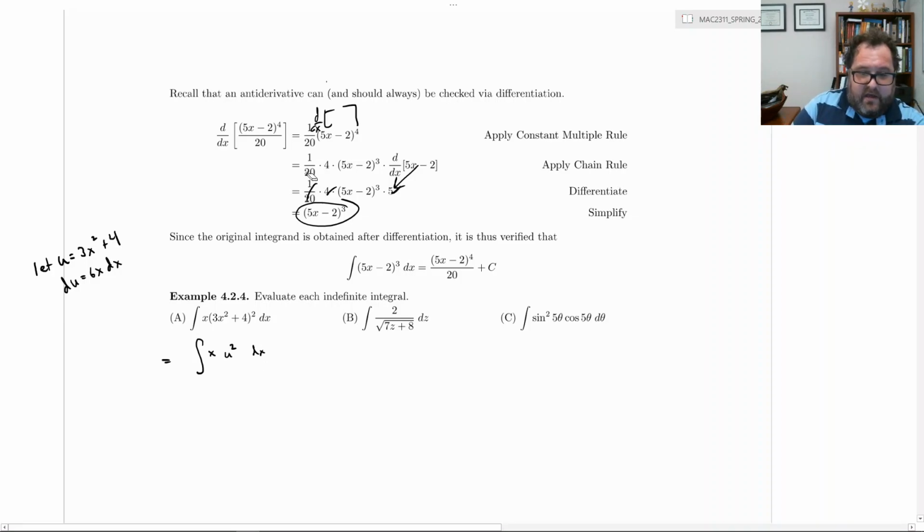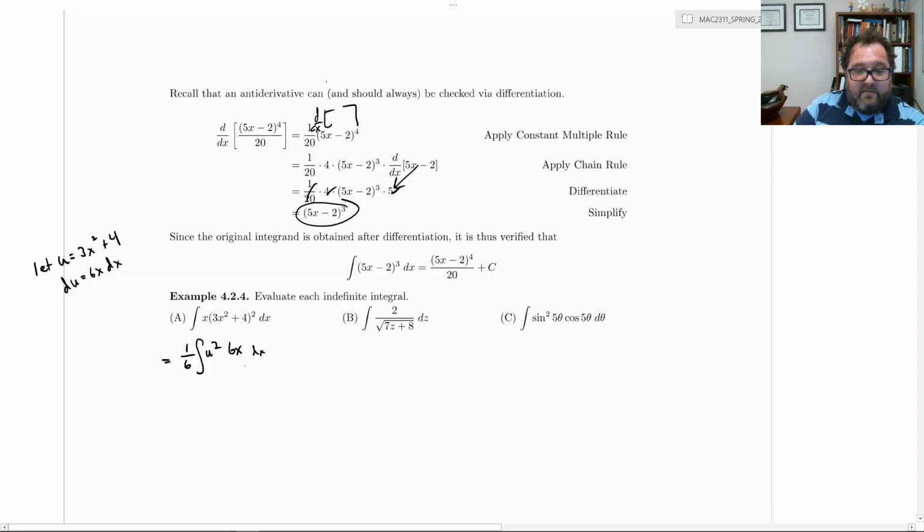Now watch, I can rearrange these terms because of the commutative property. So I could say that's u squared and then put the x right there. So notice I have an x dx right here. I want a 6x dx. So what if I multiplied by our strategic version of 1 and then moved the 6 to the numerator right there.